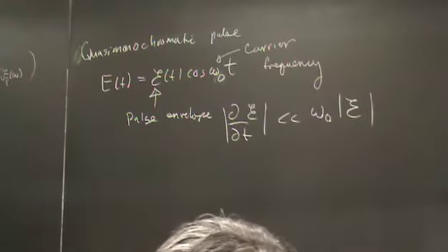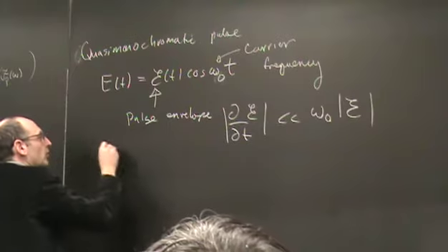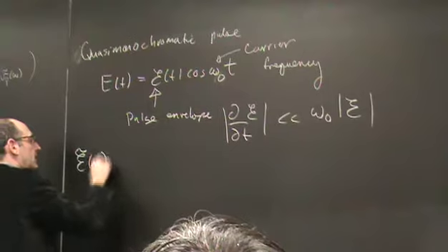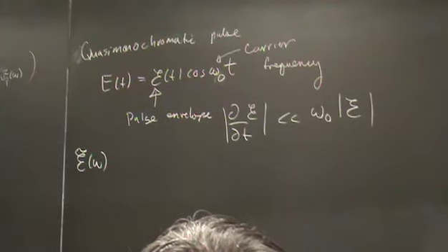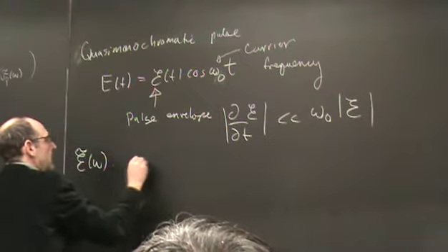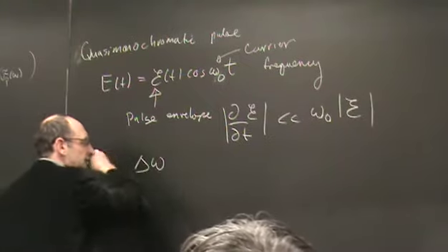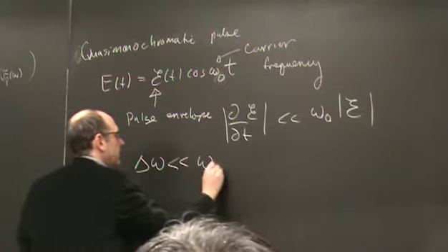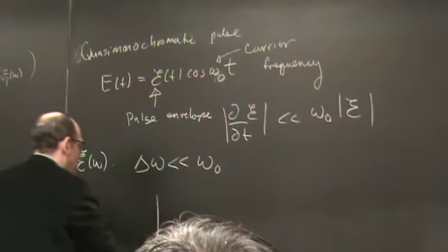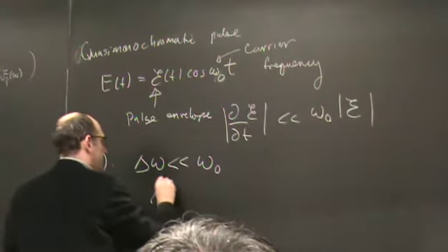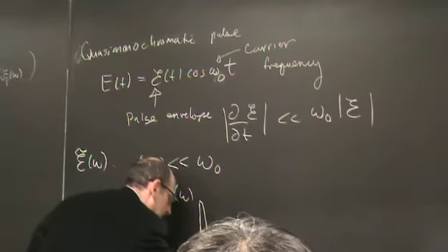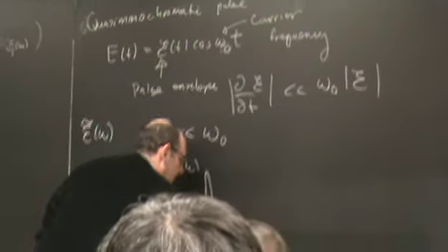And so we have some pulse envelope here such that if I were to Fourier transform this and look at the distribution here, this thing has a spread in frequencies that's much, much less than omega naught. And so if I look at the Fourier transform of this signal, it has a very narrow peak centered at omega naught.